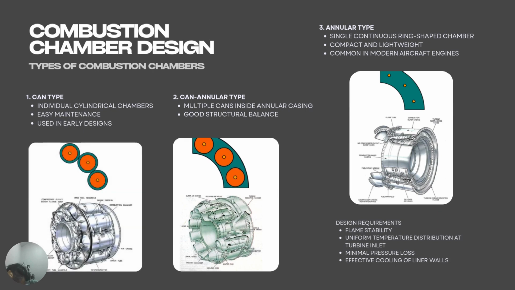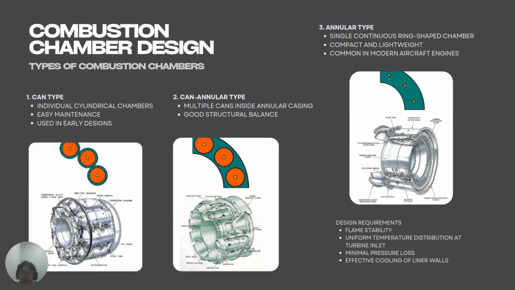Next, there are three main types of combustor. First is can, annular, and can-annular. Modern aircraft engines primarily use an annular combustor because it provides better temperature uniformity and lower weight.